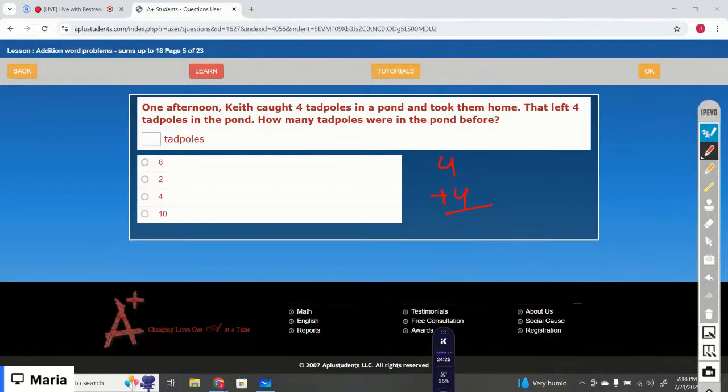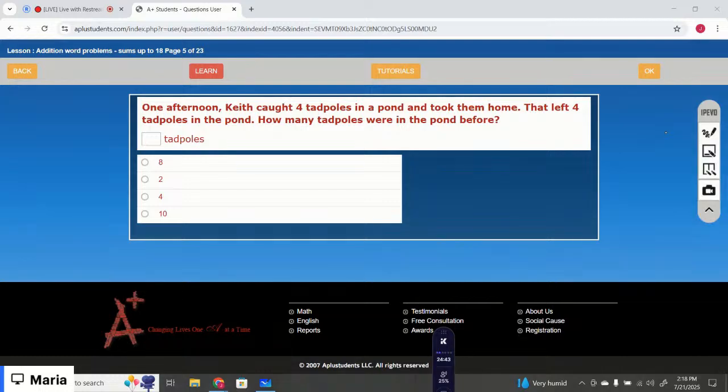Start with 4, count up to 4. That would be, very good, 8. Option number 1 is the correct option.